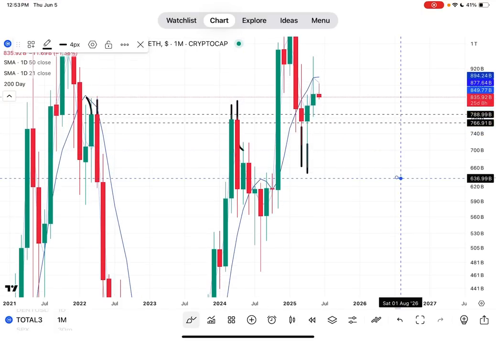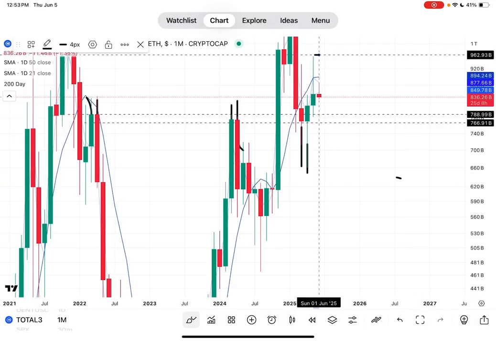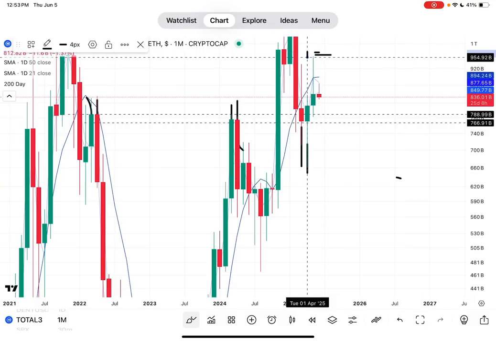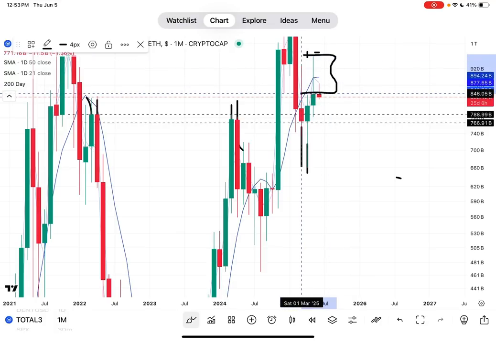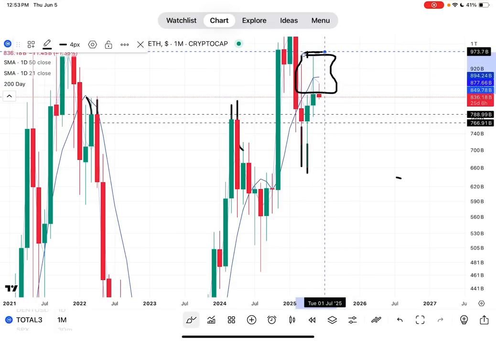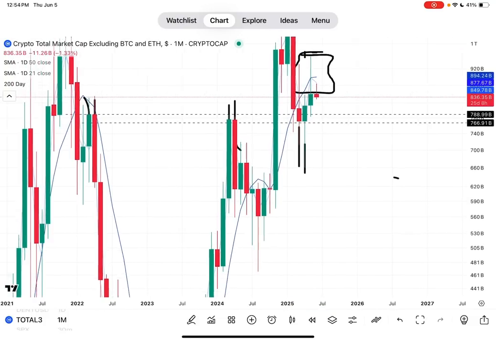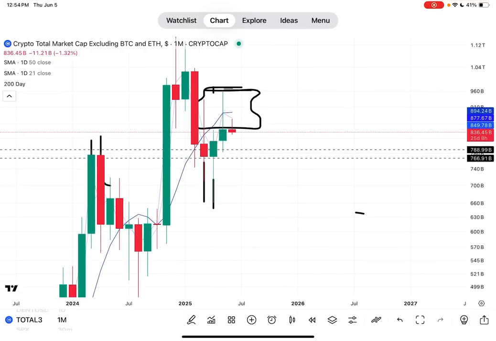And like I said, we're likely going to fill in this May wick from 958 billion to 843 billion. We may not fill that in within the month of June, but we're eventually going to come back to tag it, right?